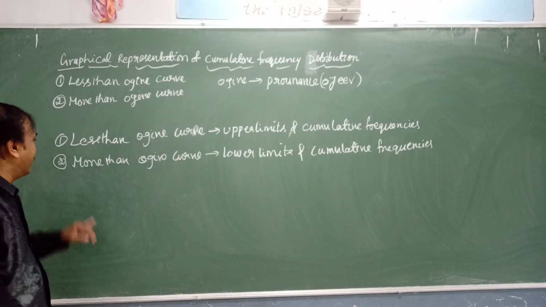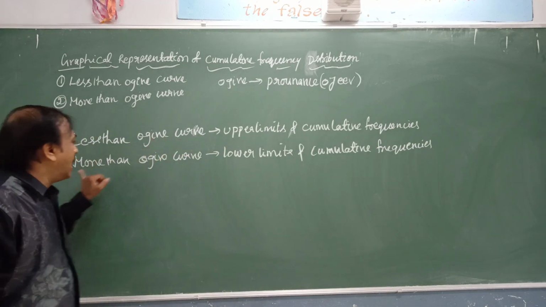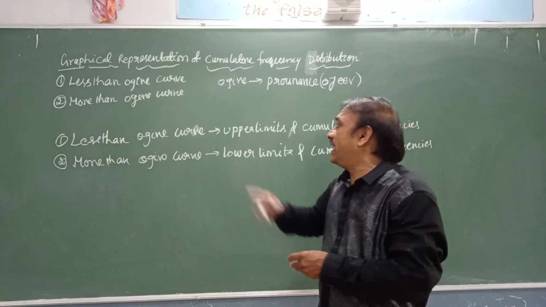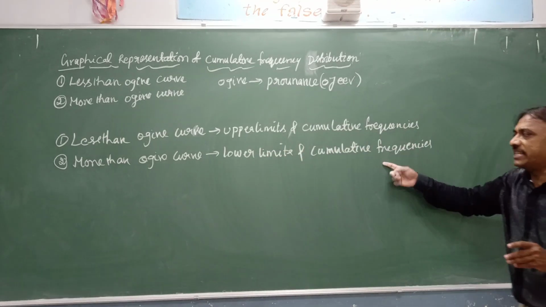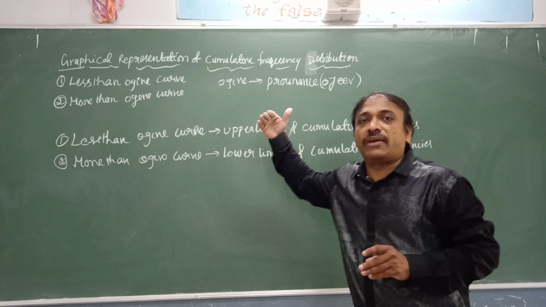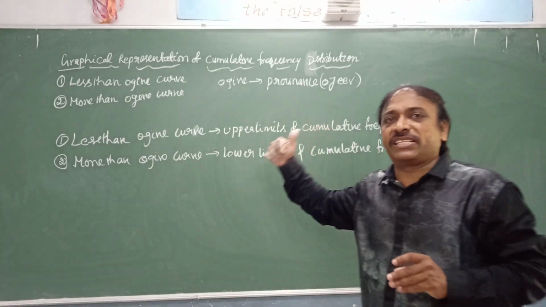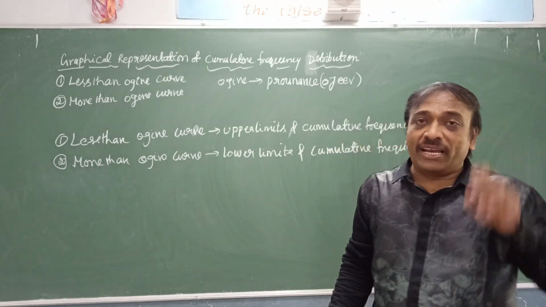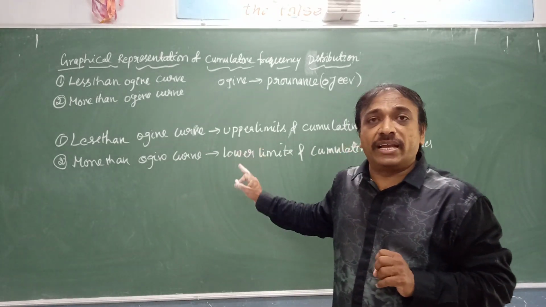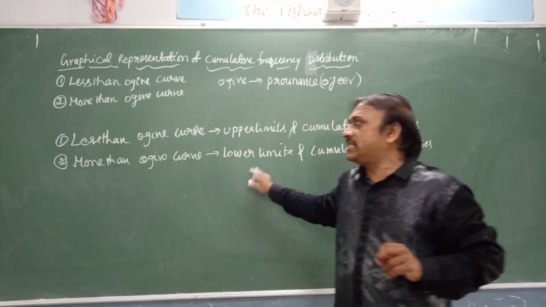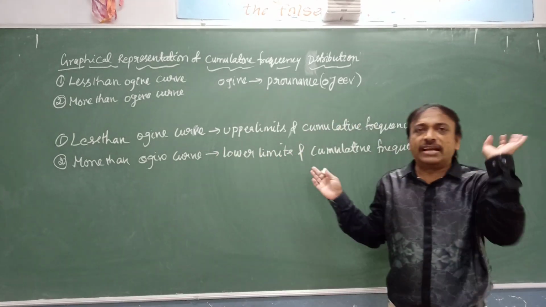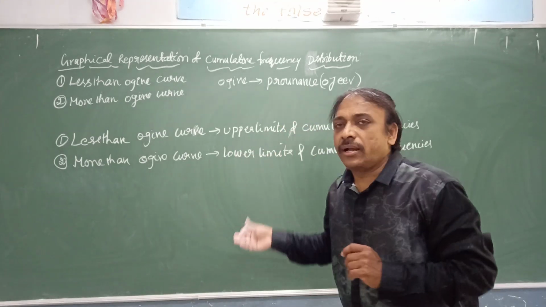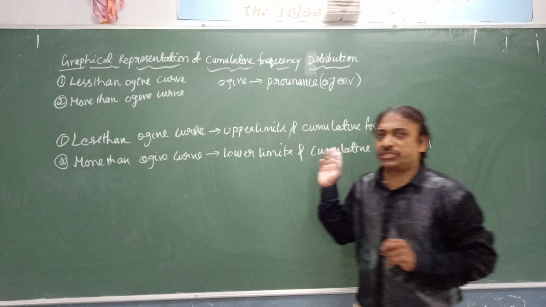Since both the less than and more than ogive curves use cumulative frequencies, through this graphical representation we can even calculate the median. Let us discuss the less than and more than ogive curves with one example each.